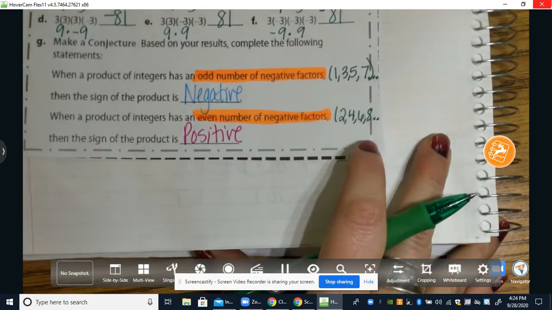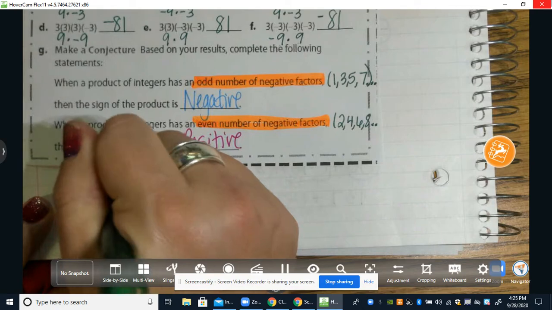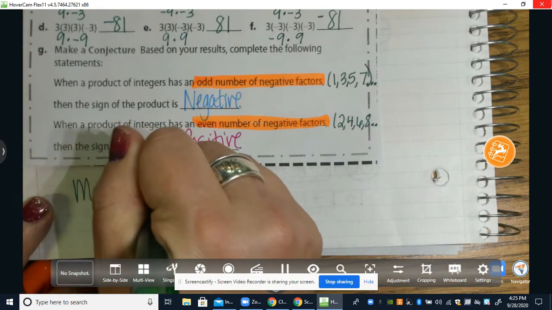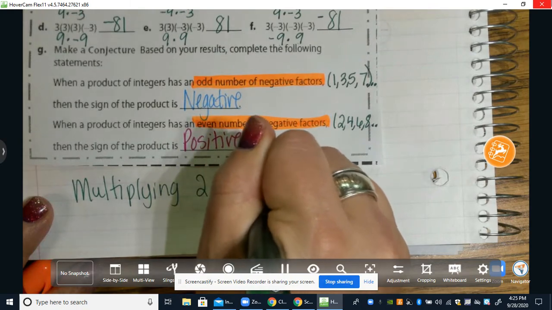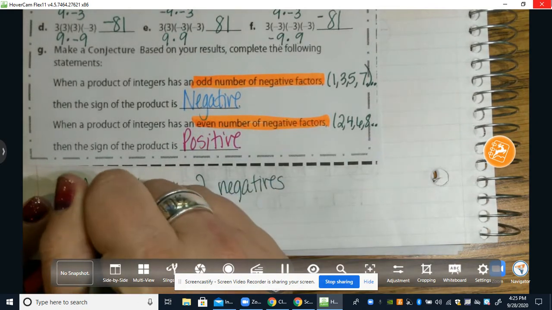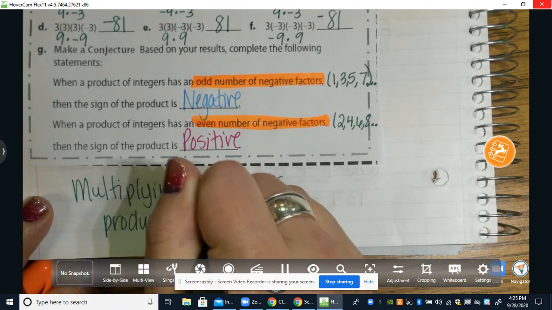One thing I want you to remember down here is when you're multiplying 2 negatives, your product, meaning your answer, will be greater than the factors.